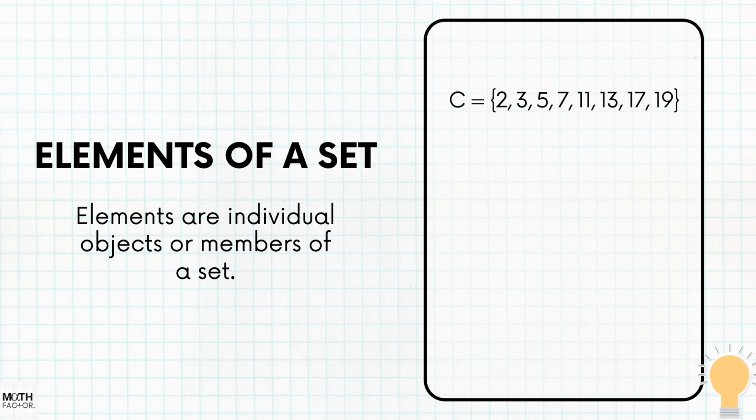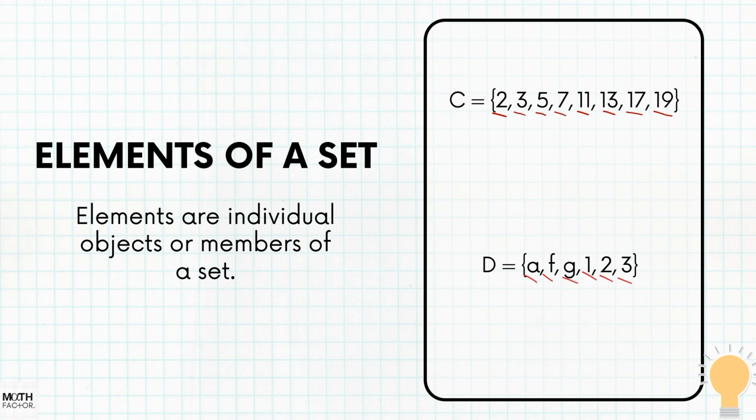Therefore, 2, 3, 5, 7, 11, 13, 17, and 19 are all elements of set C. In set D, the elements are A, F, G, 1, 2, and 3.